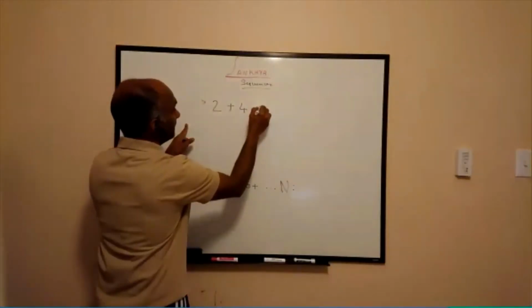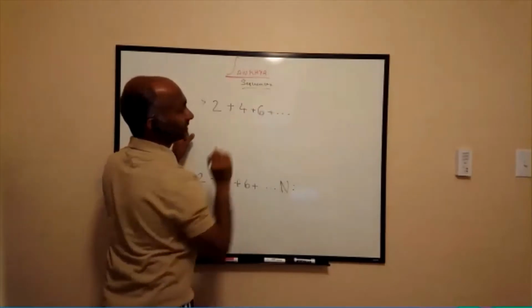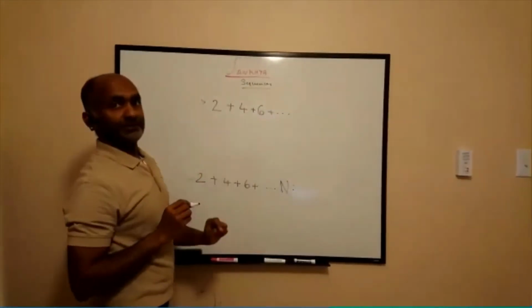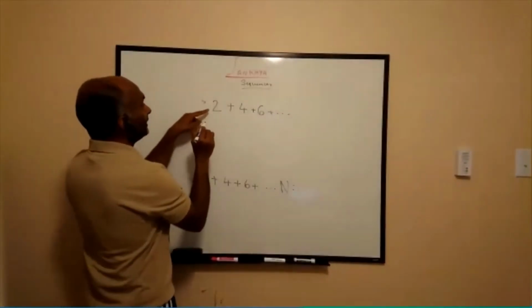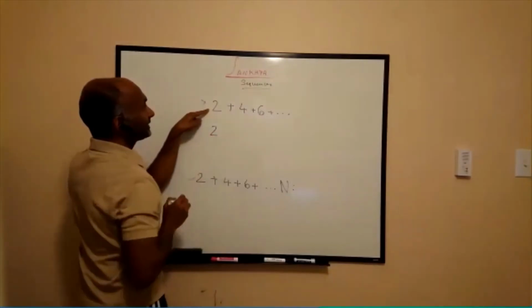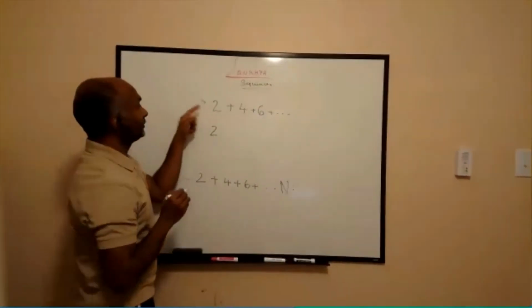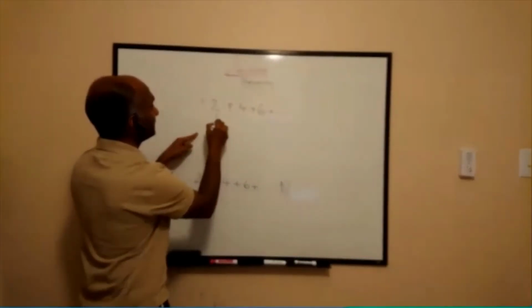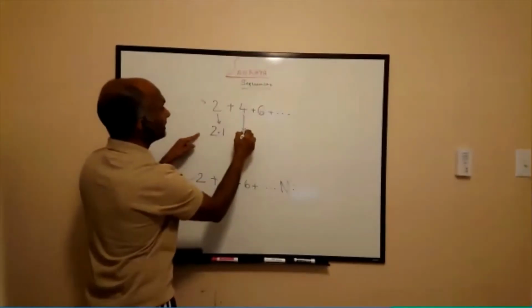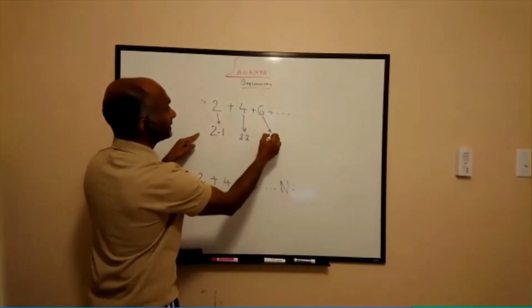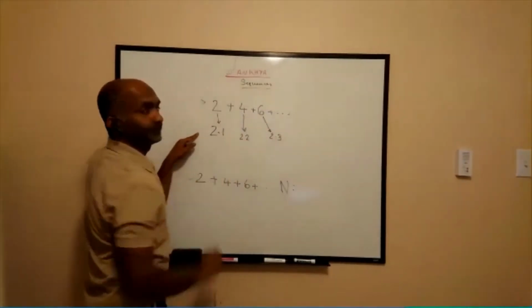Plus 6 plus, it goes on. So if we just make an observation now, you can take 2 as a common number because 2 is 2 times 1, this is 2 times 2, and this is 2 times 3.